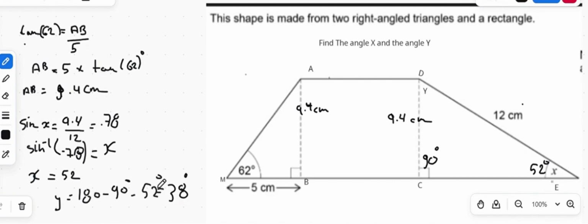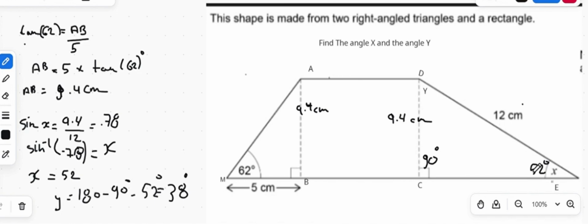So as you see here, we used the tan rule, and we used the rectangle rules of finding AB, then DC. Also we used here the sine rule to find the sine inverse of 9.4 divided by 12.